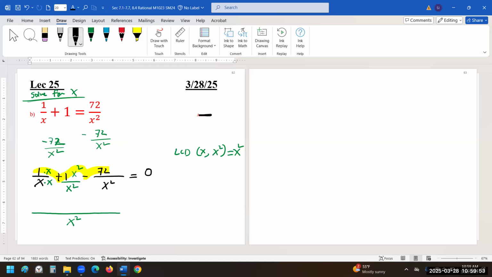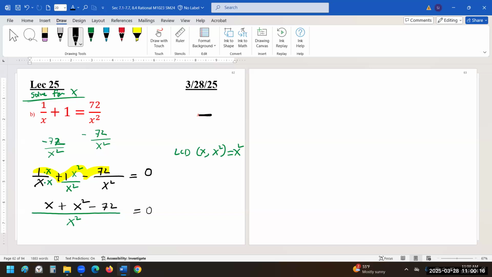So what do we have on the numerators? The first numerator is x. Second numerator is x squared. And the third numerator is 72. Well, we wrote the numerators correct, but they're not in order, right?